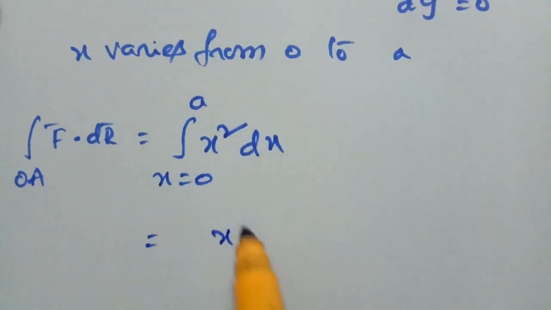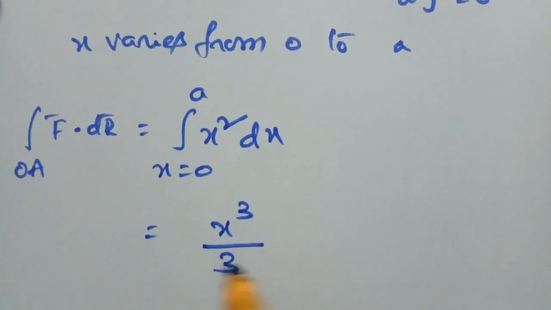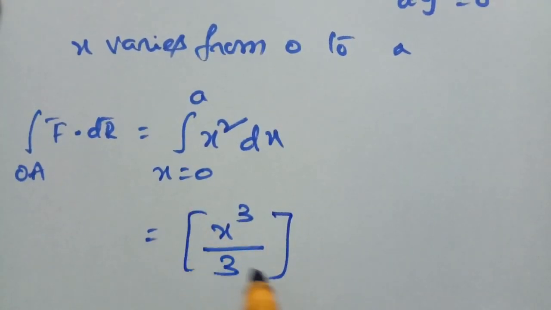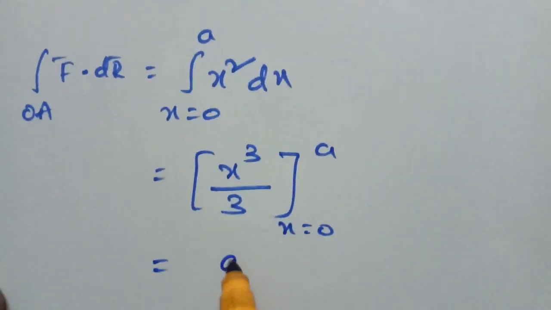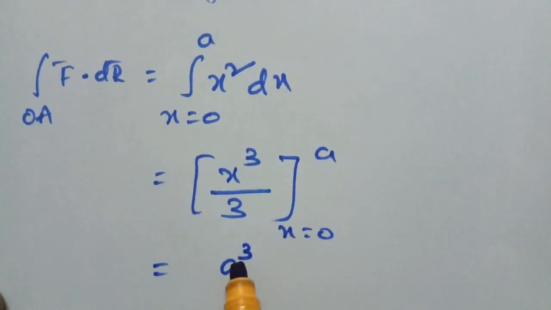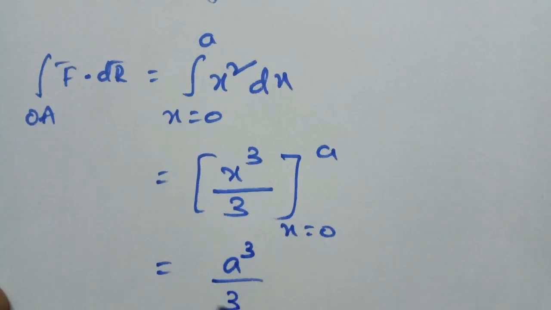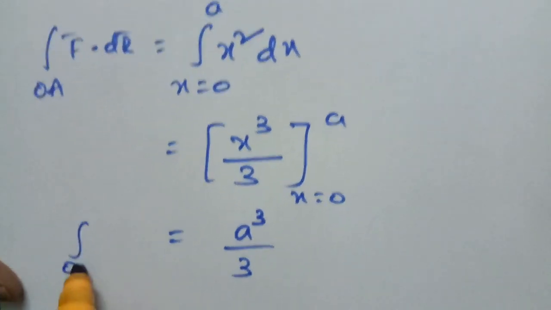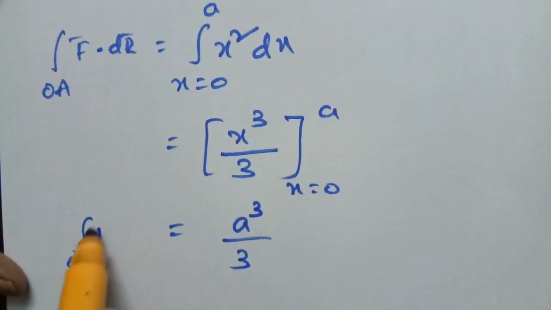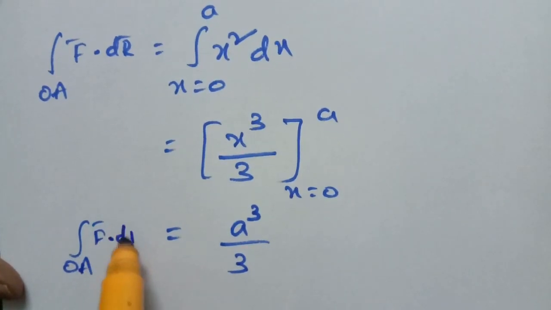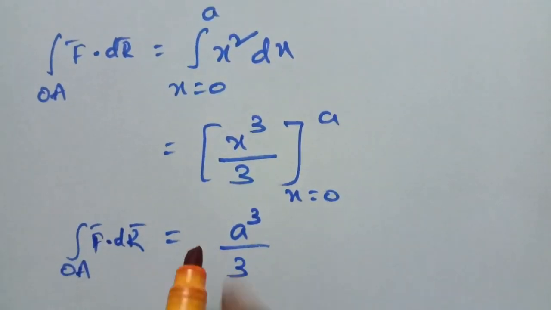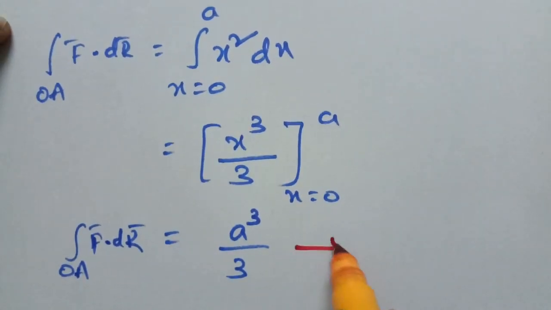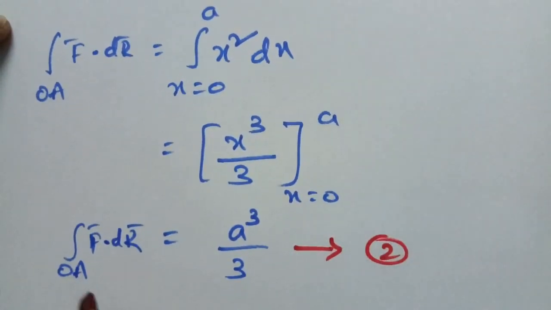This is x cube by 3, limits 0 to a. Upper limit minus lower limit: upper limit is a, lower limit is 0. So a cube by 3 is the integral along OA of f bar dot dr bar. Say this is equation number 2.